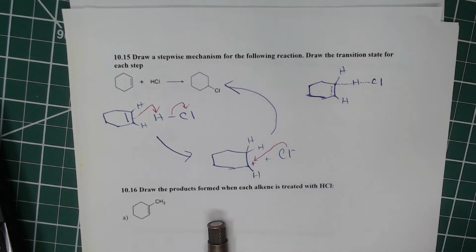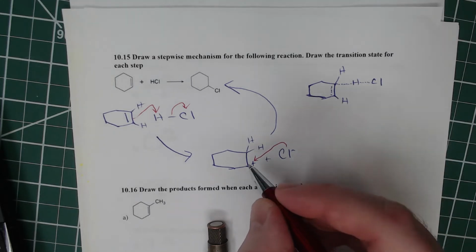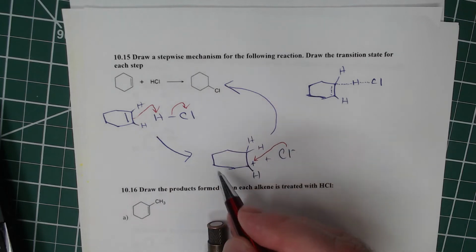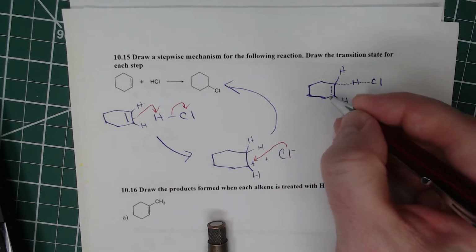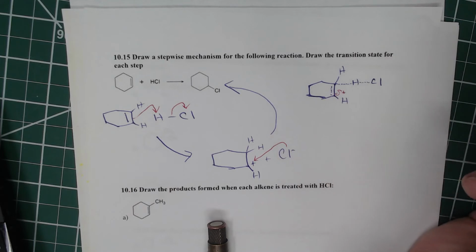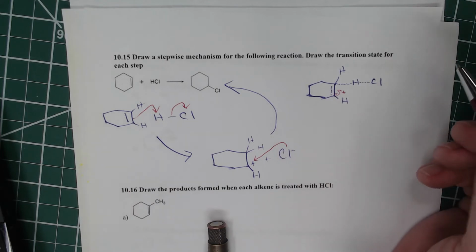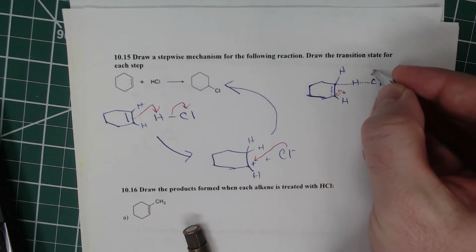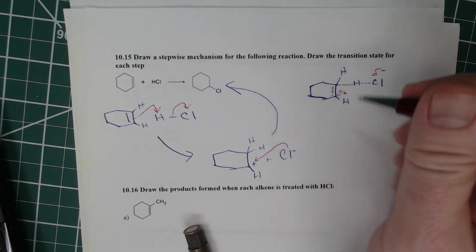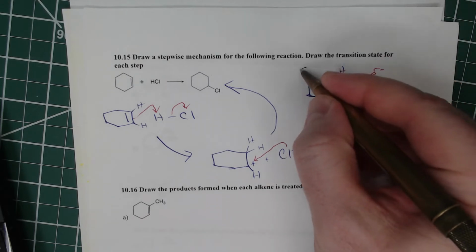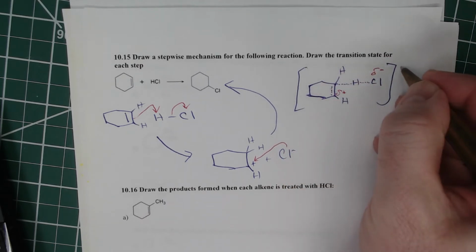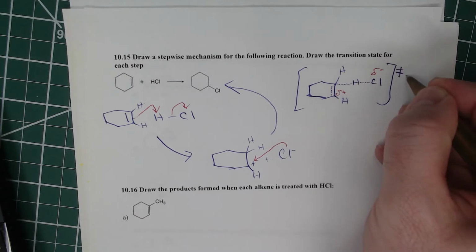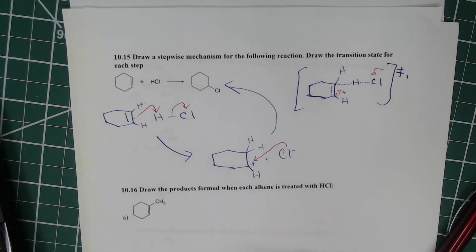We're also going to put the partial charges on there. Here, there's no charge on this carbon, and there is a positive charge. So that means there is a partial positive charge on that carbon. And then here, there's no charge on the chlorine, but a negative charge there. So we'll put a partial negative charge on that chlorine. All right, so we will put brackets around that and label it with a double dagger. And then I'm going to put 1 to indicate that that's step 1 of our reaction.